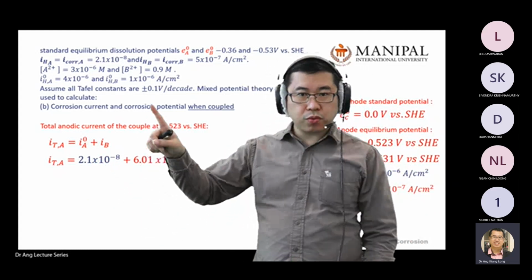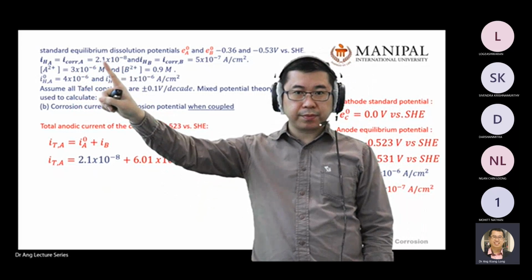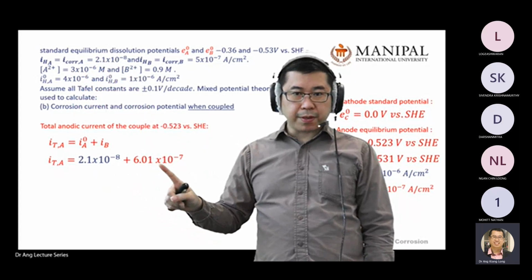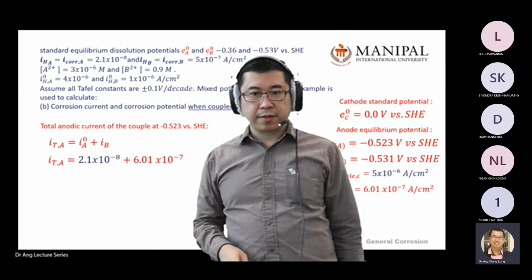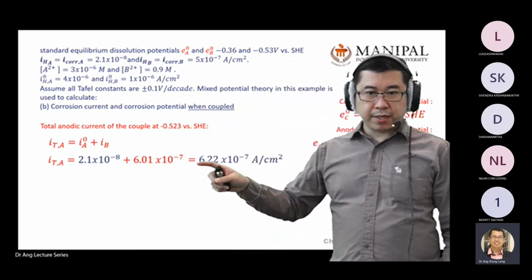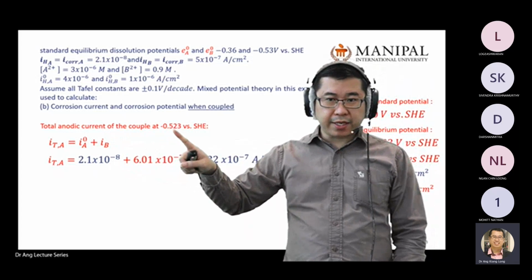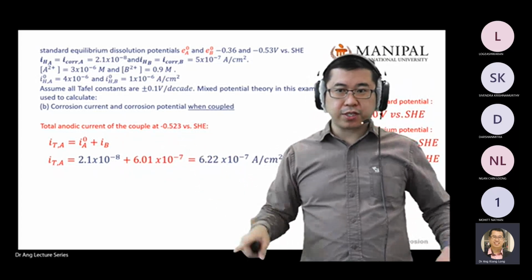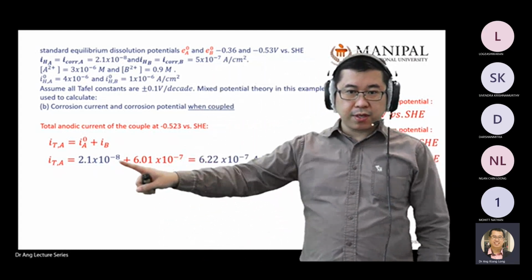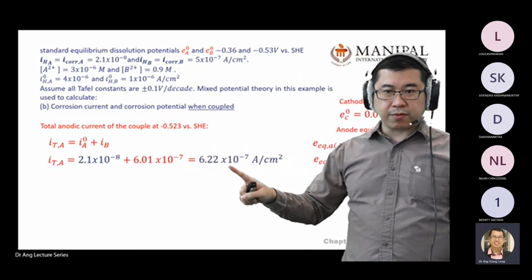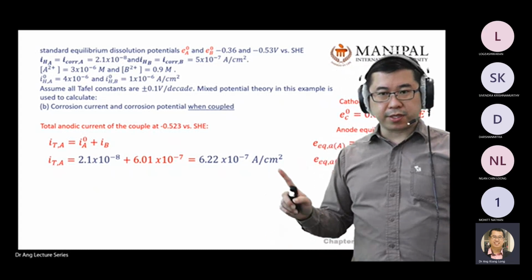Okay, I naught A is 2. This is given in the question. Plus the IB you calculated just now. You'll get the total anodic current when it is coupled at this voltage. This voltage is referring to A. Your current that happened at A will be 6.22 times 10 negative 7 ampere over cm square.